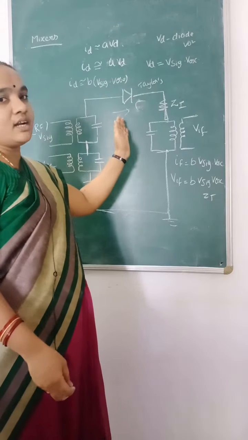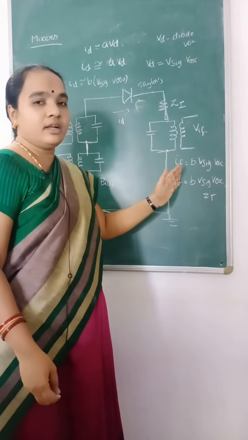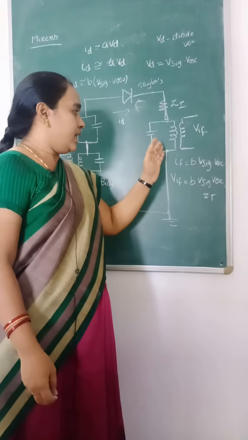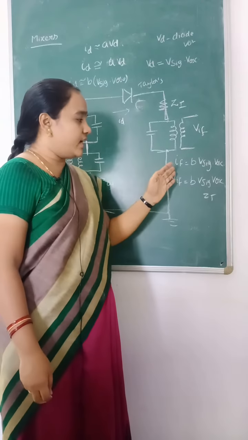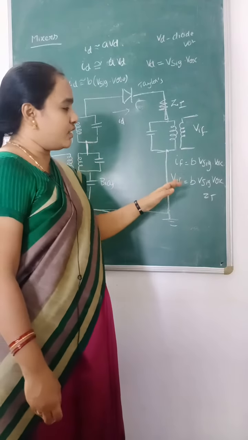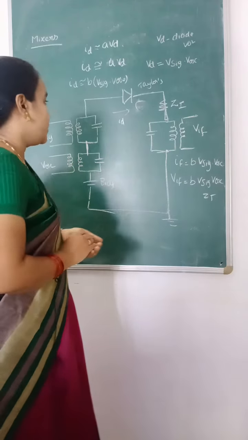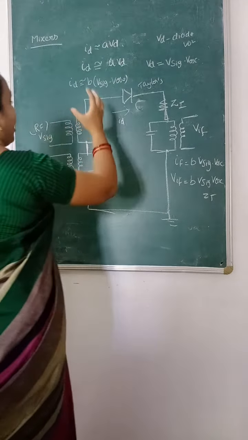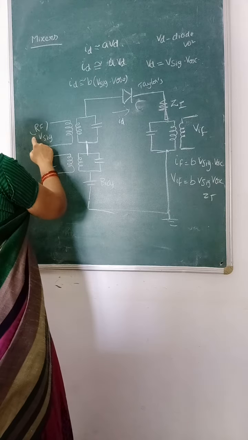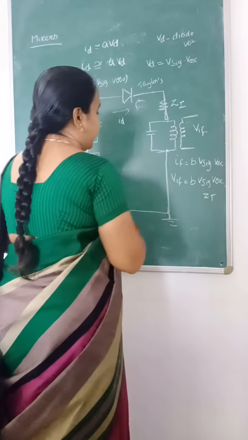The same current passes through this tank circuit, it will generate some frequency, and correspondingly we find the current passing through this output circuit and the voltage across it. So this is the diode mixer, and this is how it converts the radio wave frequency into intermediate frequency.